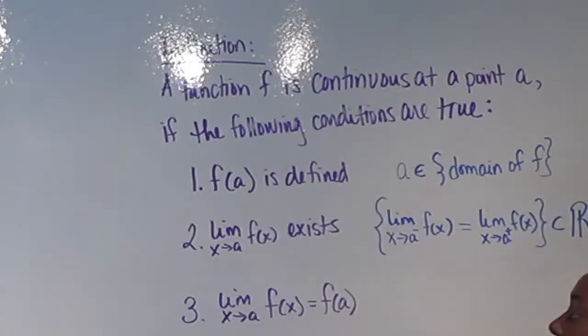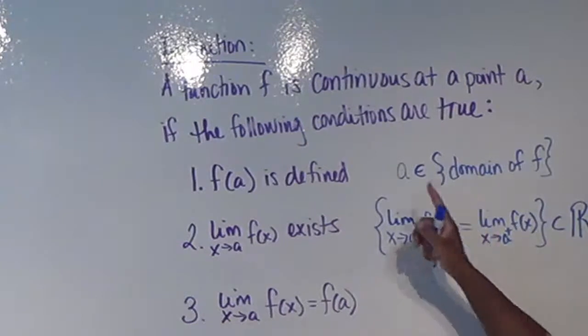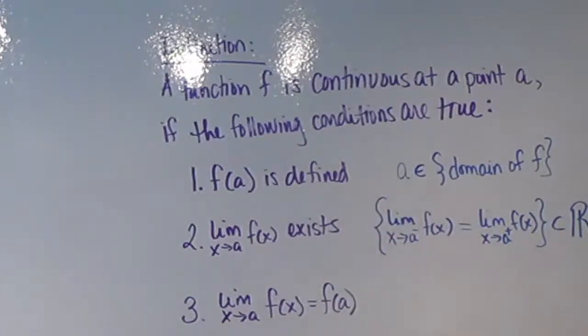And then the last condition says that if I look at the limit as x goes to a of f of x, it does in fact equal f of a. And this is important because the second condition does not always imply the third. And so here we're making sure that even though the two one-sided limits agree, they also agree to whatever the function value is.